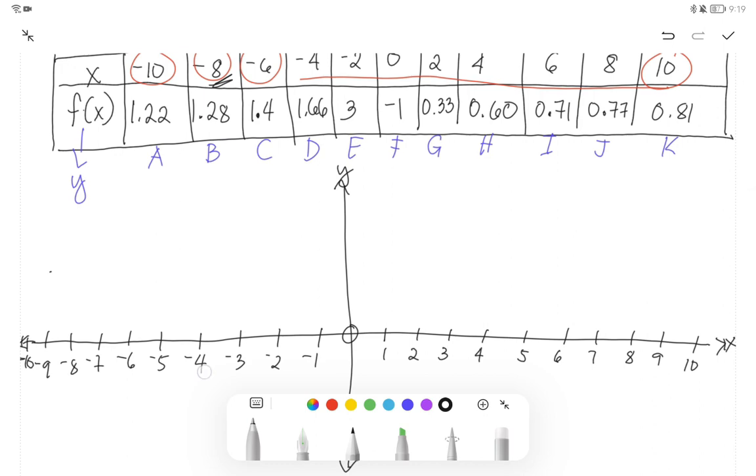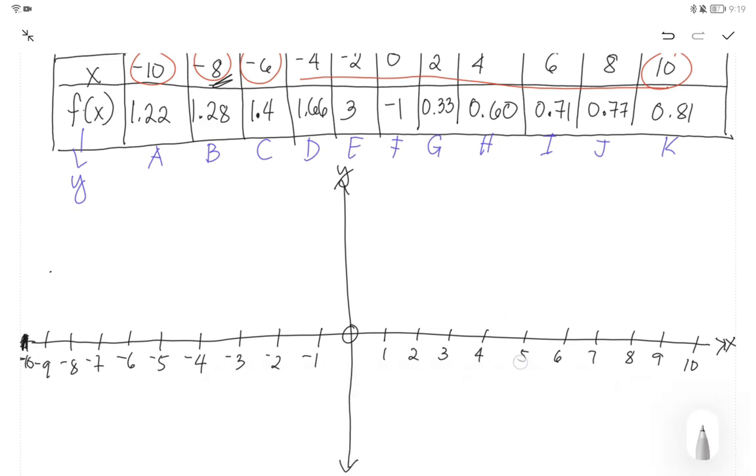On the vertical axis, we have positive 1, 2, 3, 4, 5, and negative 1, negative 2, negative 3, negative 4, and negative 5.